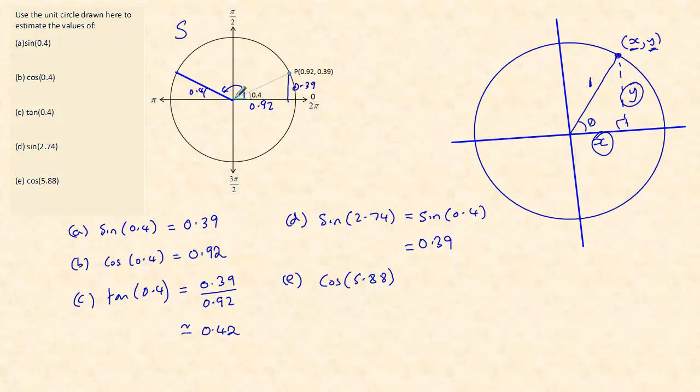So that's actually going to be down here. So the angle we're after is this one, but the associated acute angle is this one. And this is the C quadrant, so once again the cosine is positive here. So that's going to be the same as the cos of 0.4, and that will be 0.92.